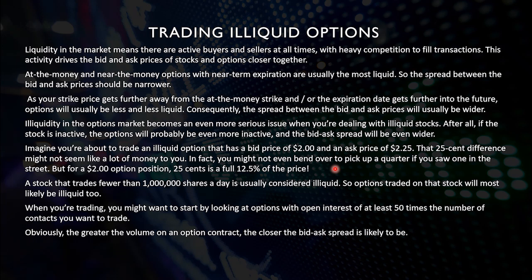But for a $2 option position, that quarter is a full 12.5% of the price. Imagine sacrificing 12.5% of any other investment right off the bat. Imagine if you were to buy a house and you're like, okay, I spent all this money, but then the bank comes around and goes, no, we're going to devalue it by 12.5%.